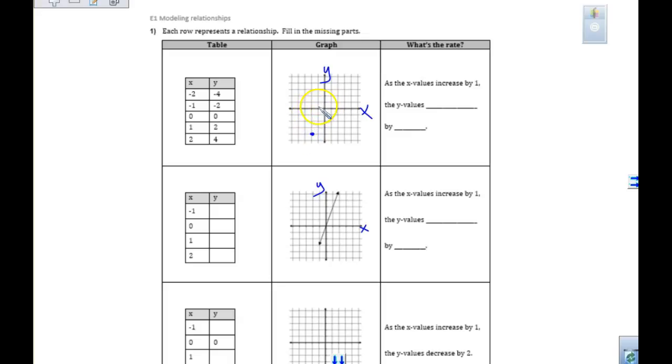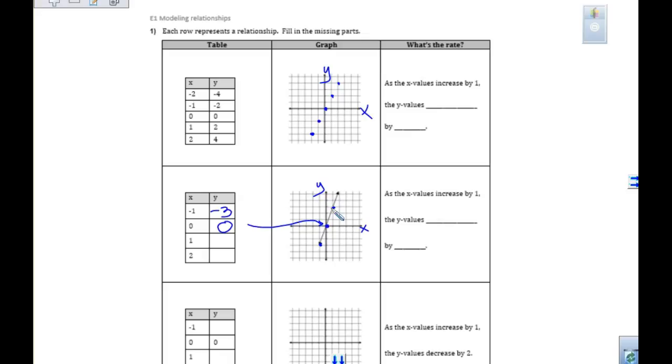You're going to go to the point -1, -2, 0, 0, 1, 2, 2, 4. Someone said, well, how do I know on this one? At -1, it's down here, which would be -1 and -3. At 0, how do I know that point? Because that's right here. At 1, where is the point? So that's how you're filling those in, okay?